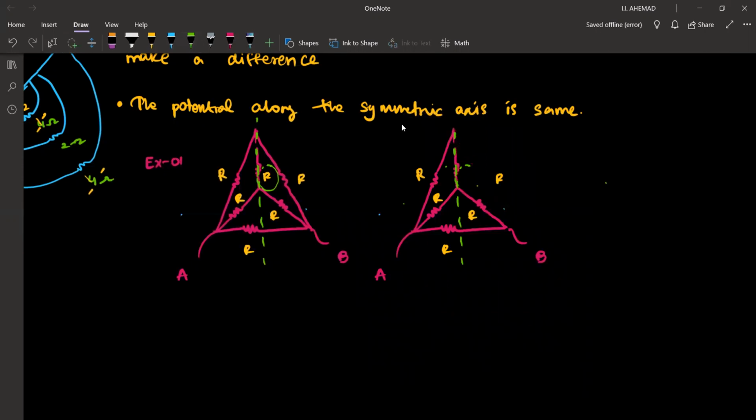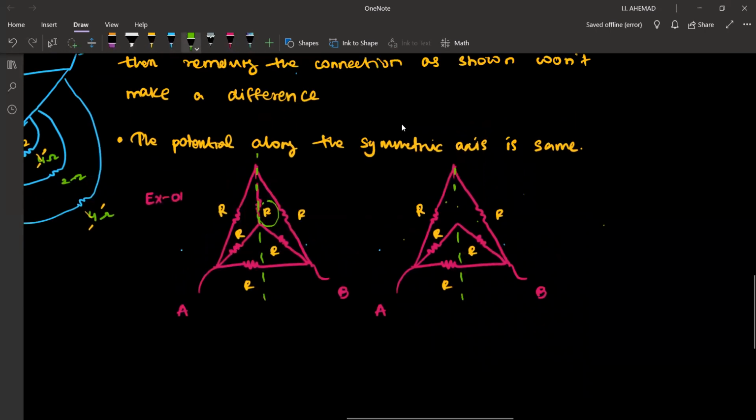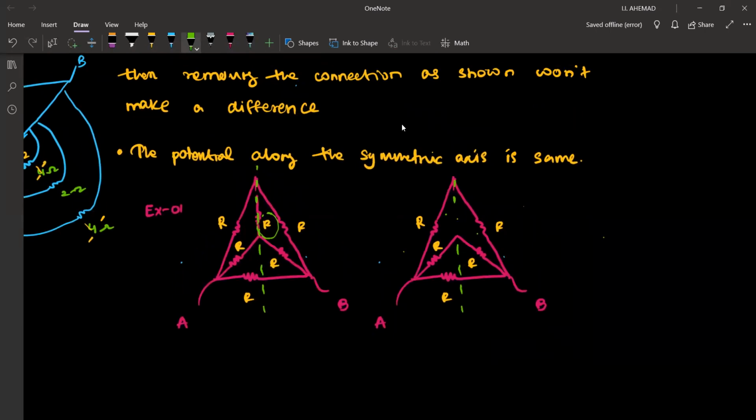But you can just remove this. So now can you solve? Now do we have series parallel?